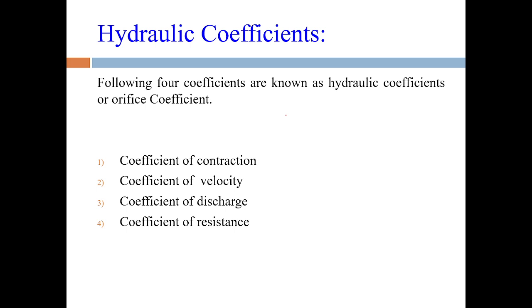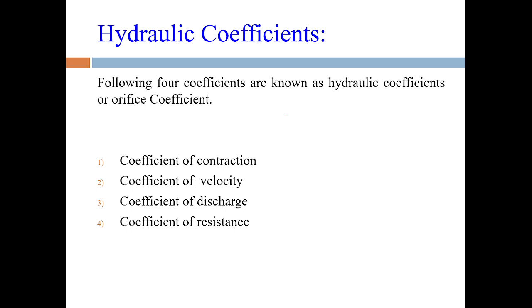And experimental data means that you have collected from the experiments and then you find the results. So sometimes, due to many factors, depending upon various conditions, the experimental and the theoretical results are not matching each other. There will be some little bit difference between them. So to cover this difference, we use coefficients.